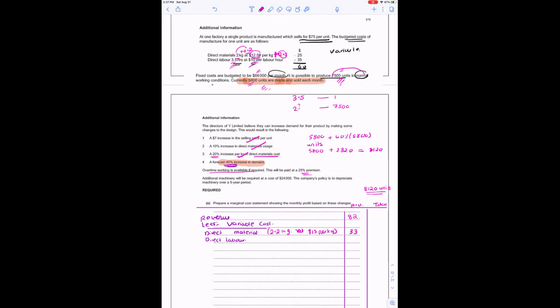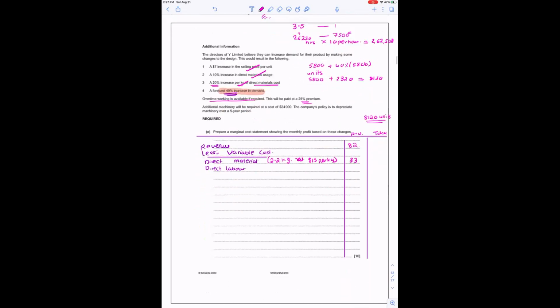It is 26,250 hours. Per hour is paid at the rate of 10 per hour. So to produce 7,500 units, I was paying 2,62,500. This is my normal hours.